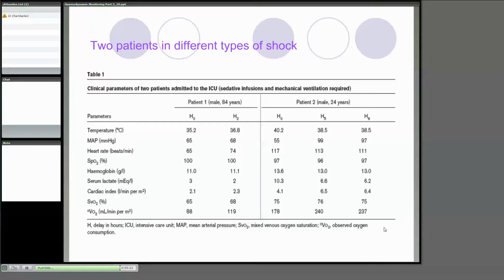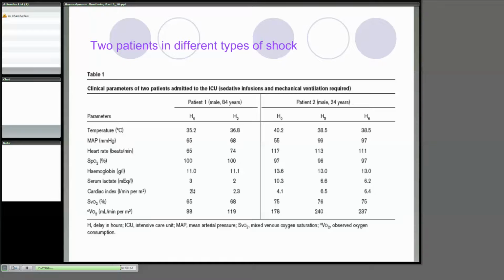Now, SpO2, we've got 100% on this gentleman, and 97, 96, that seems fine. Hemoglobin, 11 or 110 if that's how you measure it. And patient 2 has a normal male hemoglobin of 136.